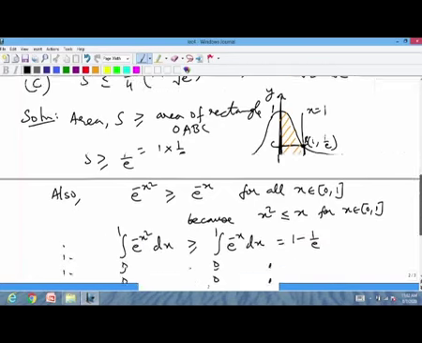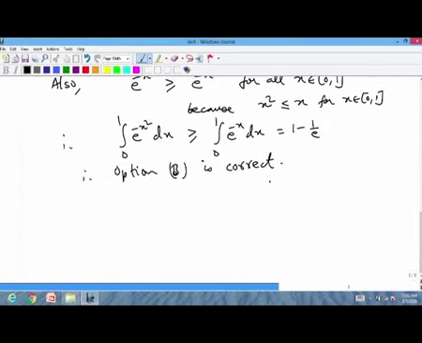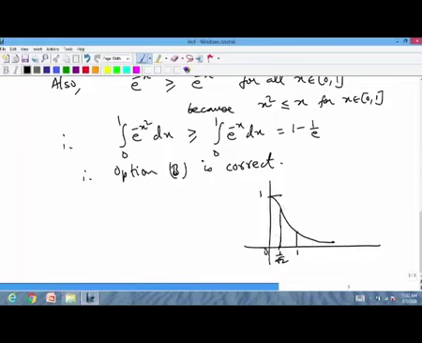So, if we draw this, this is 1, 0. If we look at the point 1 by root 2, then 1 by root 2 is the width of this rectangle, with height 1. And what about this rectangle?